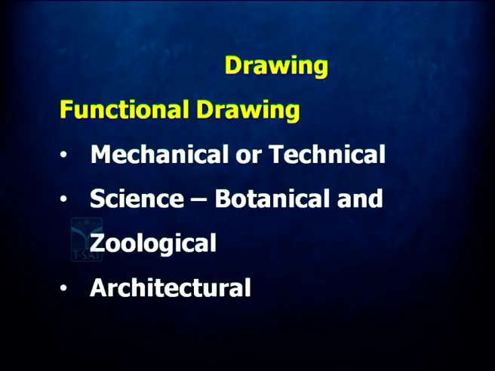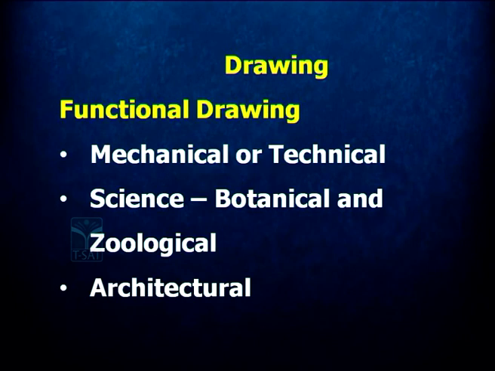So, a fundamental division can be a functional as well as a non-functional or artistic function of drawing, right. So, let us first look at the functional category, the functional type of drawing.